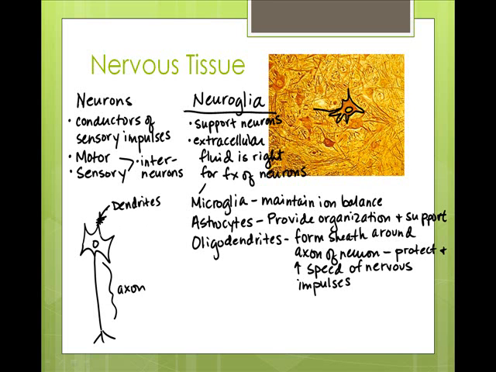It'll go through the cell body and down the axon. So the axon here is covered with this myelin sheath that the oligodendrites produce. And this is going to allow the conduction of that nervous impulse to go faster.